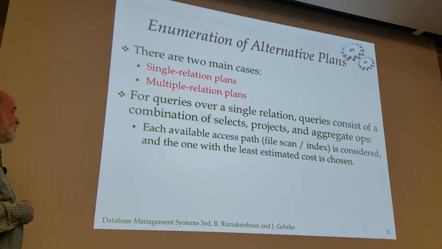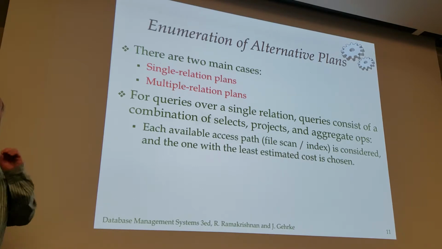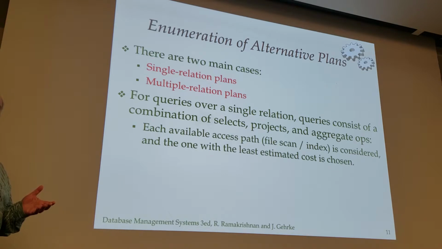And if it's single relation queries, then you've got the select, projects, and you have aggregates, even potentially group bys that can exist on that. And so basically the idea is you're going to consider, for just that one table query, how you can access that one table. So you've got a bunch of different plans that you can use, and even when there aren't any indexes, you always have a way of accessing that one relation because you can scan the whole thing.